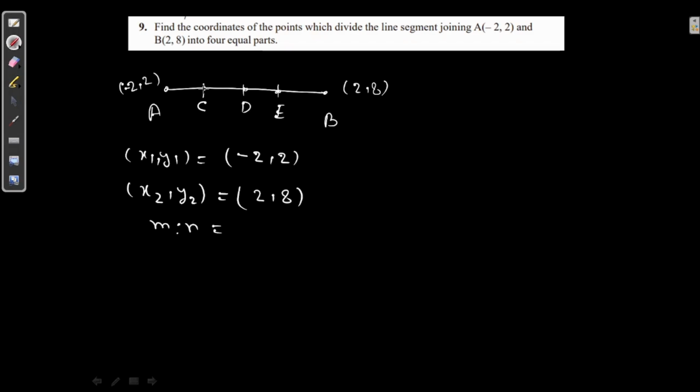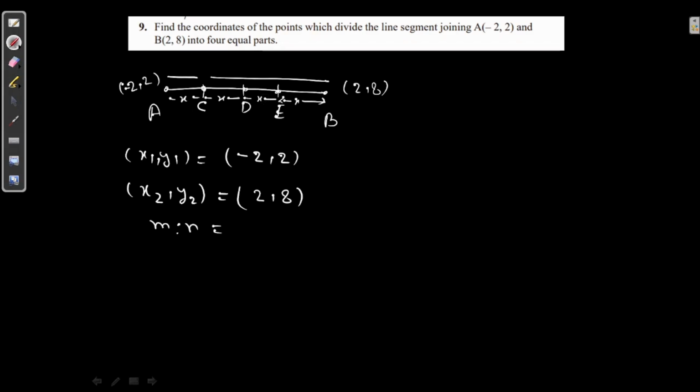For point C, I need the ratio of AC and CB. Let us do a small practice here. I am saying this distance is x, this will also be x, this will be x, and this will be x.